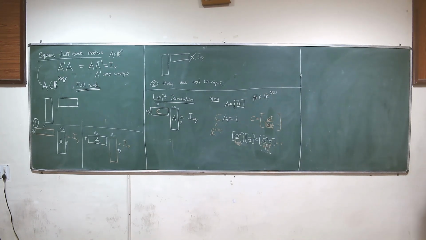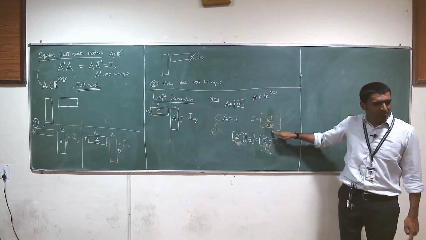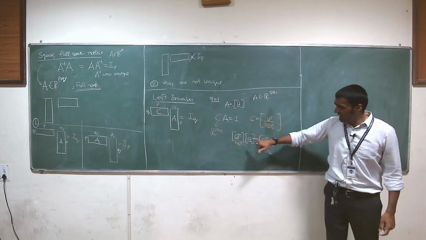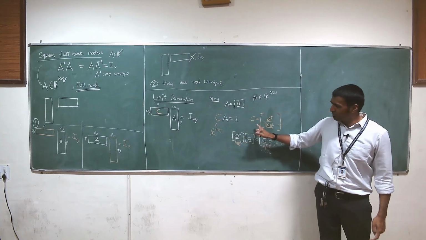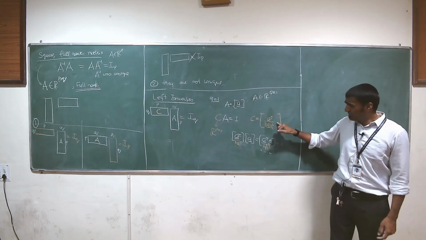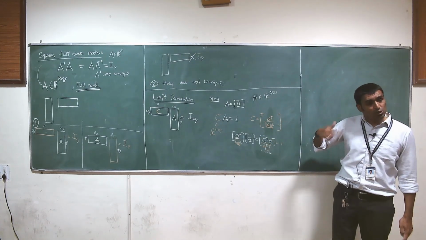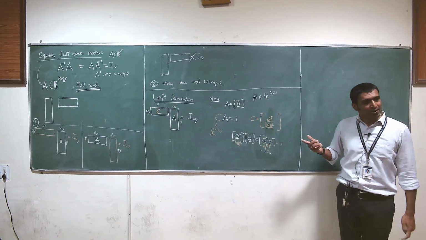Well, one way to do that is, let's say you start with this. We know that if you pre-multiply A by C, you get 1. Okay. Now, if I simply add to this row any row that is orthogonal to A, what will happen?